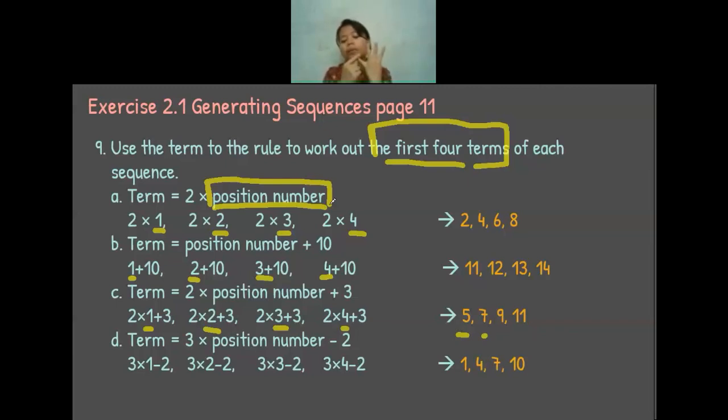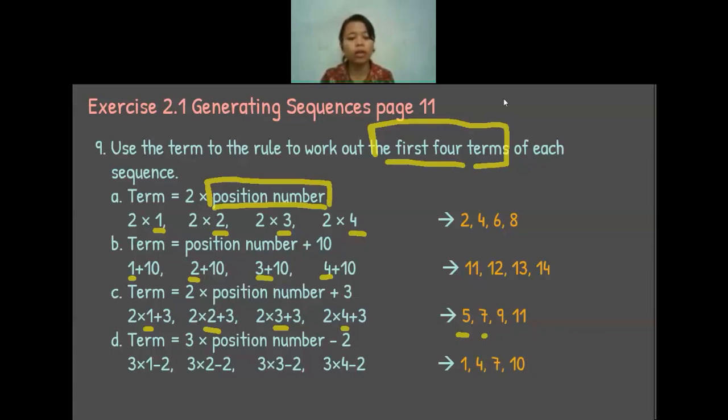For the first, we replace the position number with 1. For the second term, we replace it with 2. For the third term, with 3. For the fourth term, with 4. So there is no fixed formula here. The formula depends on whatever position to term rule is given. Okay, is there anyone who is still confused?